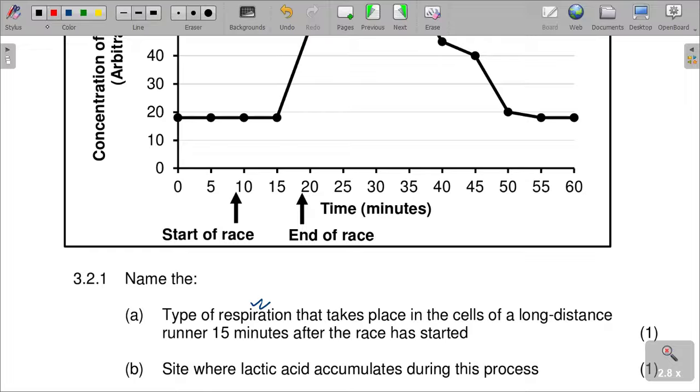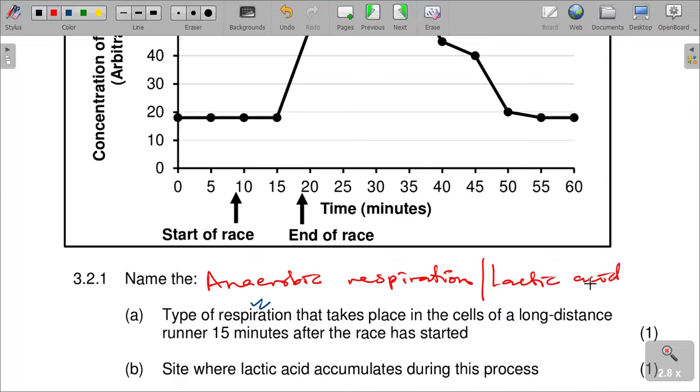The type of respiration taking place there is anaerobic respiration. Others may mention it as lactic acid fermentation.